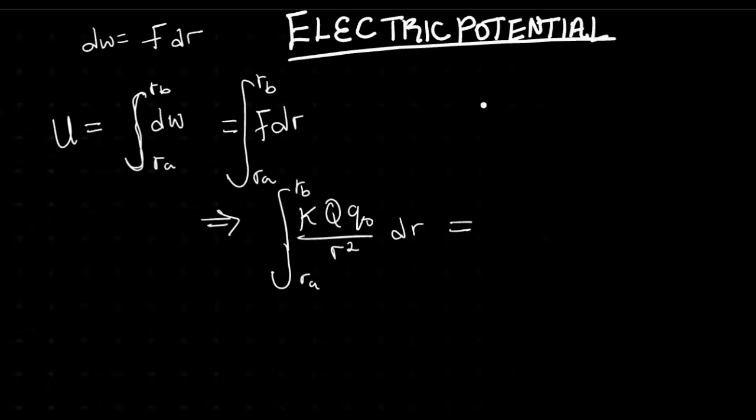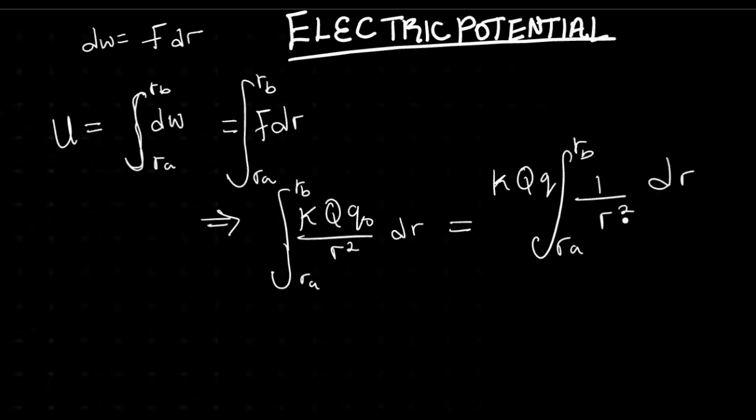So remember that when we integrate, everything here is a constant. This becomes k, Q, right? The integral from r_A to r_B of 1 over r squared dr. So when we integrate this, what do we have?